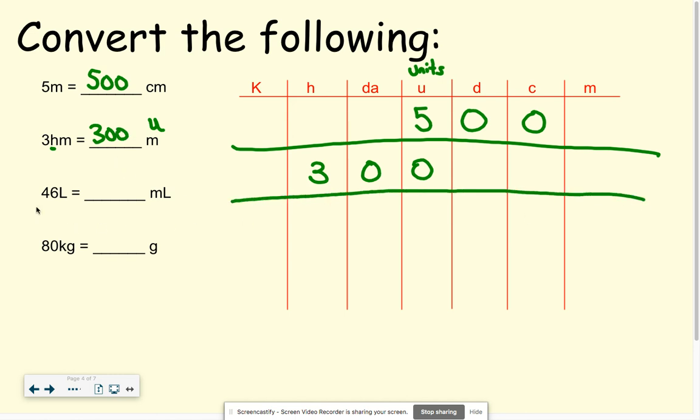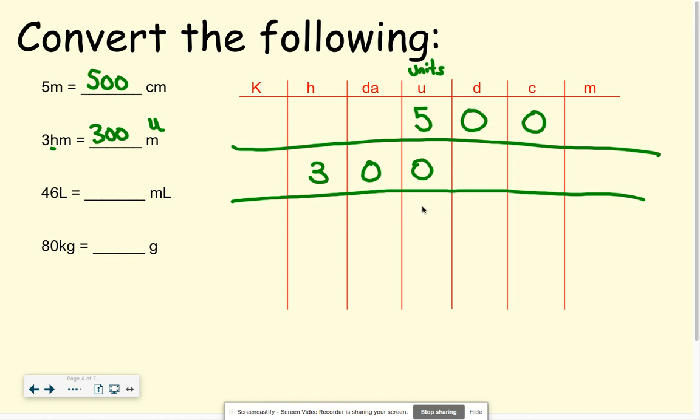Our next one is 46 liters. Now this one can be a little bit tricky. First of all, liters is one letter, so it goes right here. I can, for the purpose of a fourth grade lesson, put both the 4 and the 6 in this box.